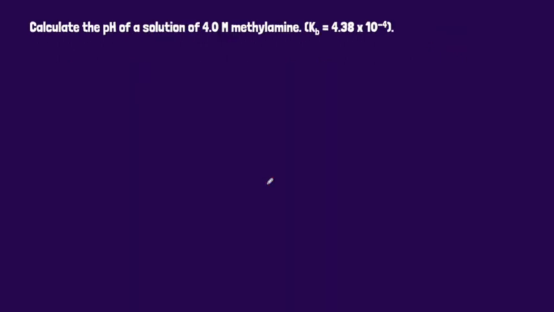Let's look at another question here. Calculate the pH of a solution of 4 molar methylamine, and I have been given its K value. Obviously, you're not expected to know whether this is accepting or donating, so you will be given other information in regards to it. So here are all of my species.